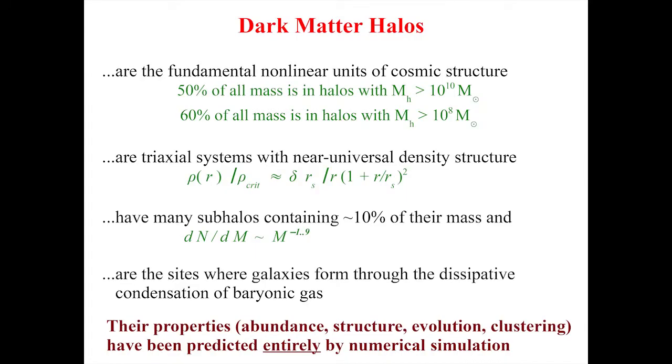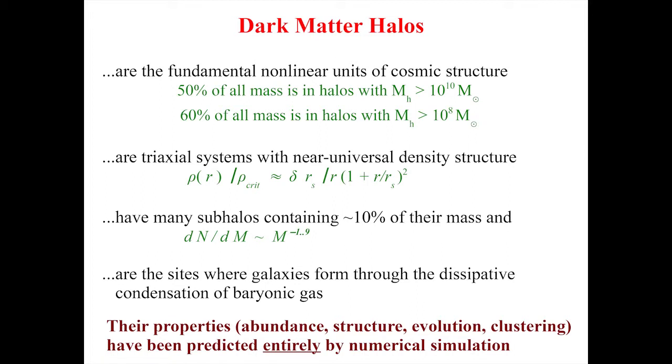So to summarize this part, I think the dark matter halos are the fundamental nonlinear units in our universe. All lumps are made mostly of dark matter, 80% dark matter, 20% ordinary matter. They have a particular structure, and they have many small pieces in between them. And they're the places where we think galaxies are formed by the gas cooling off.